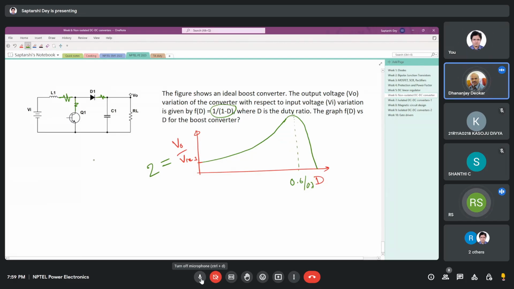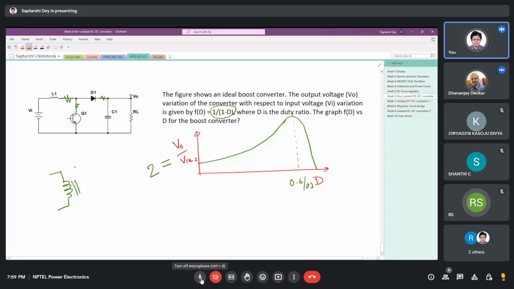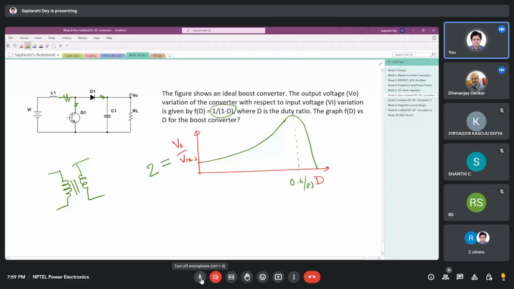Okay, that 2 or 2.5 occurs well within 0.6. More or less. You see now how much it gives at 0.6: 1 by 1 minus 0.6 gives 2.5. If you want larger gain, you have to go for isolated converters, because there you have transformers. With the transformer turns ratio, you can have boost.